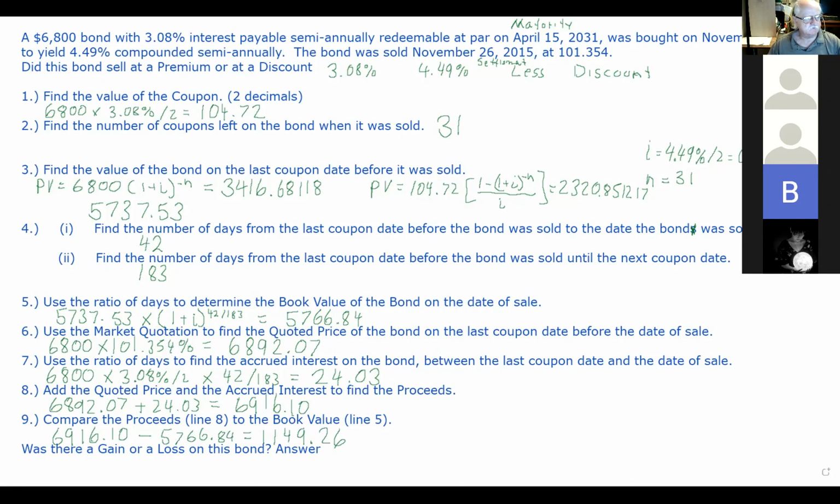And that's a positive number. So this will be a gain.